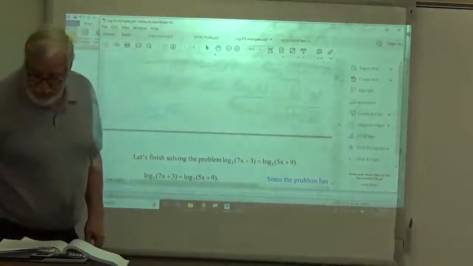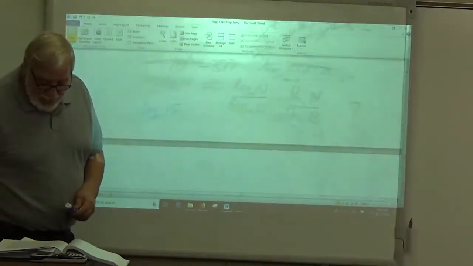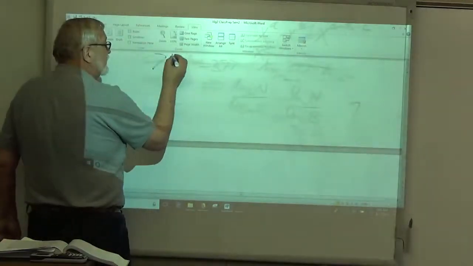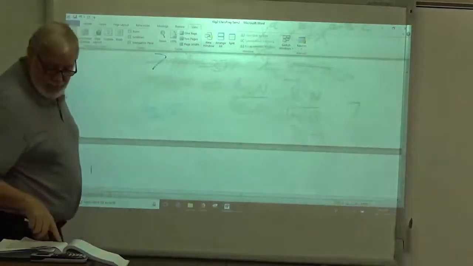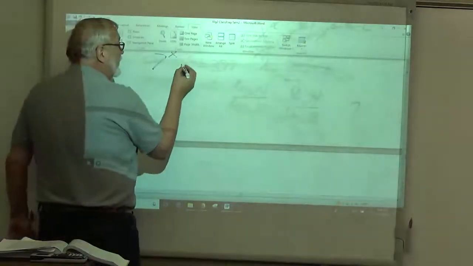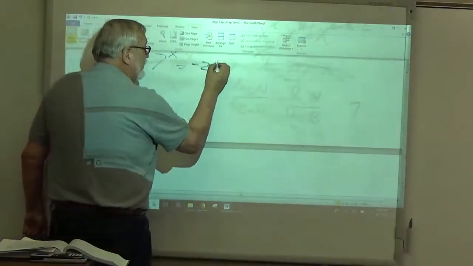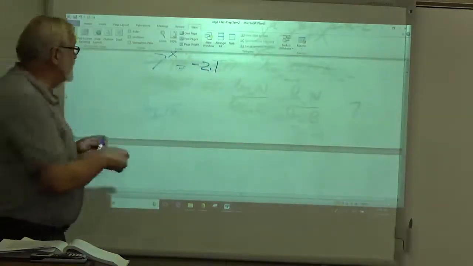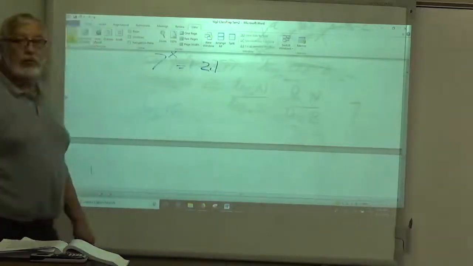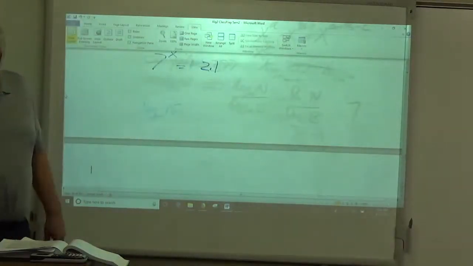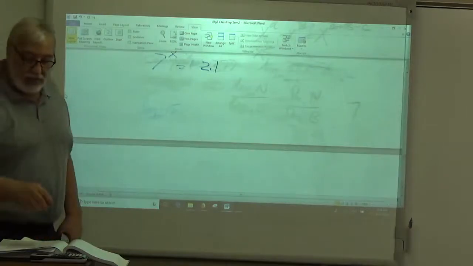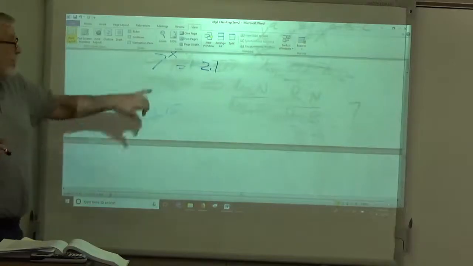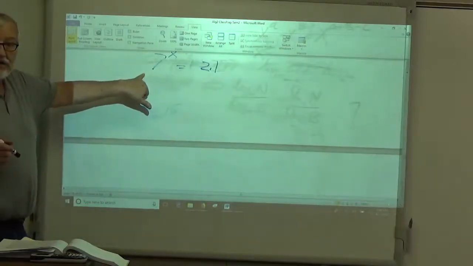All right, but suppose that problem number 5 was this. 7 to the x power equals 2.1. Okay? Now, normally, we would make this into a base of what? 7, right?